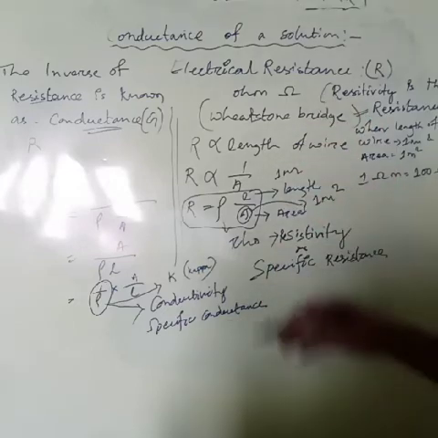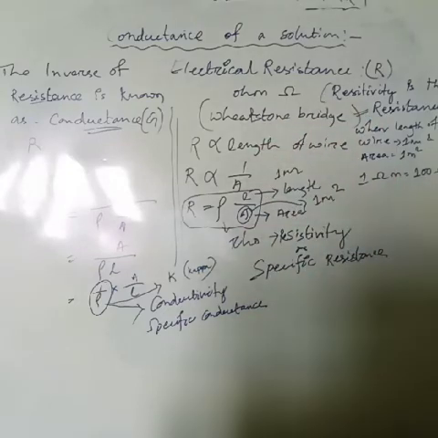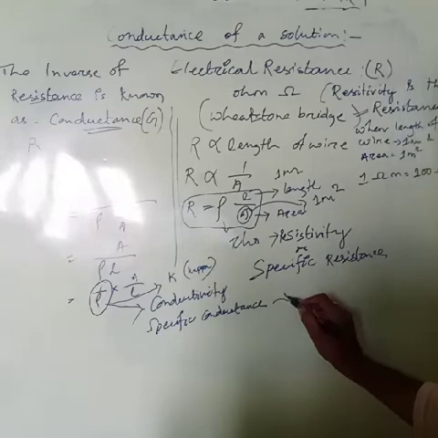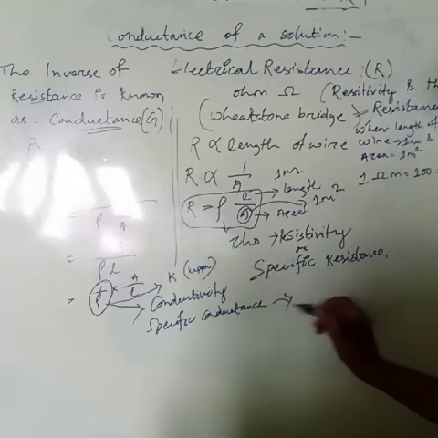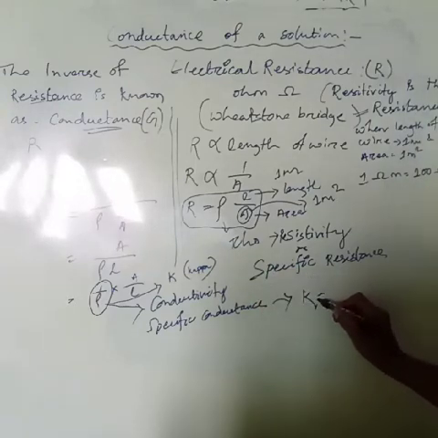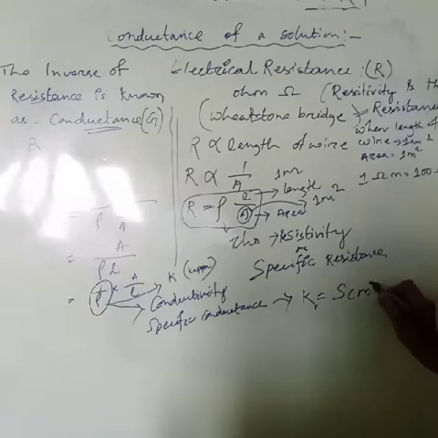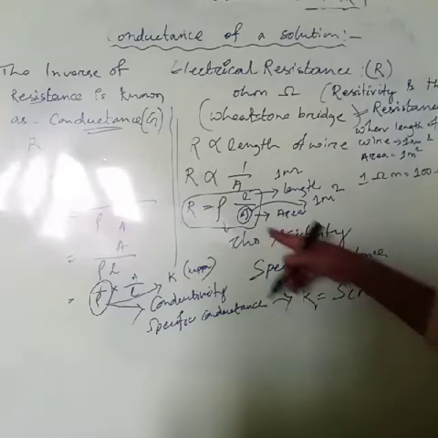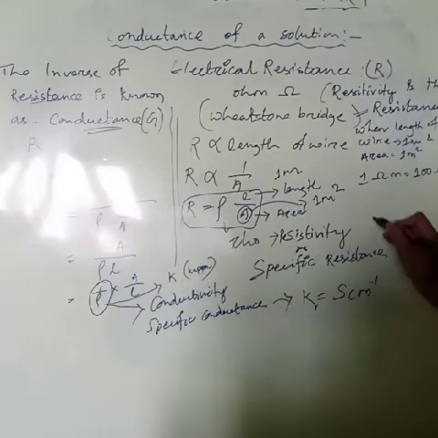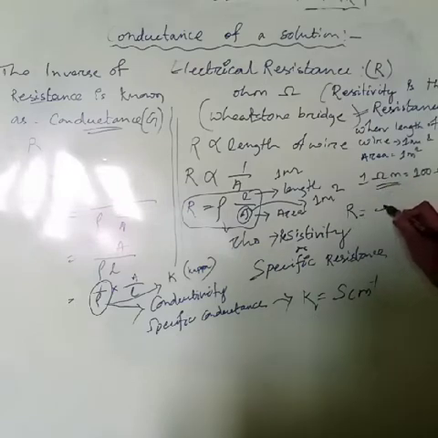Let me clean these things. The unit of this specific conductance, or kappa, is Siemens per centimeter, because it is the unit of the inverse of resistance. The unit of resistivity is ohm meter or ohm centimeter.